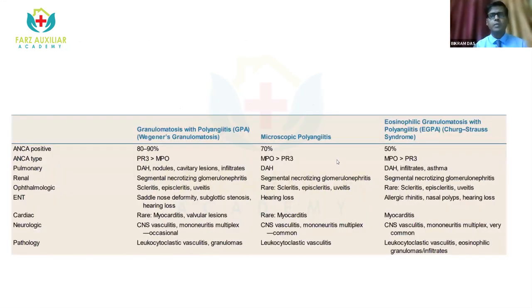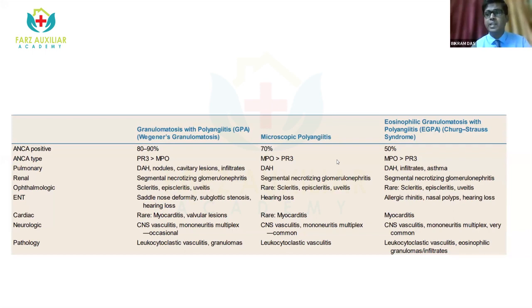Here I'll just elaborate these 3 entities associated with ANCA. What is more important is that for Wegener's granulomatosis, the ANCA positivity will be highest, 80 to 90%. Whereas for eosinophilic granulomatosis with polyangiitis, the ANCA positivity is only 50%.